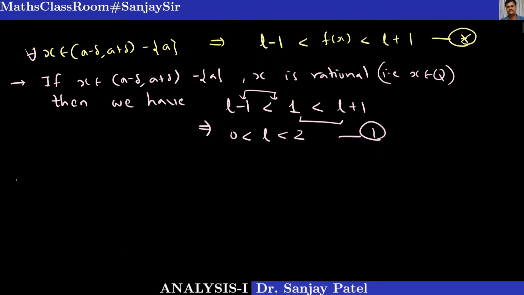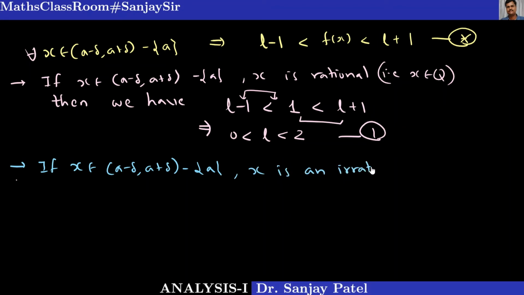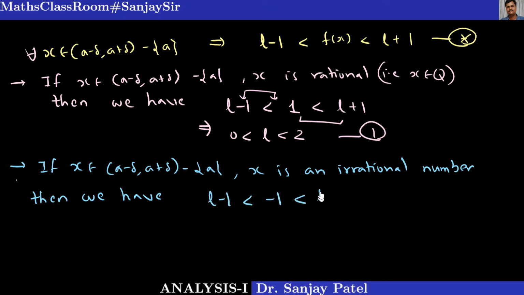So second possibility, if x belongs to (a minus delta, a plus delta) minus the singleton a, and x is an irrational number, then we have from this star, L minus 1 less than minus 1 less than L plus 1 because of star.